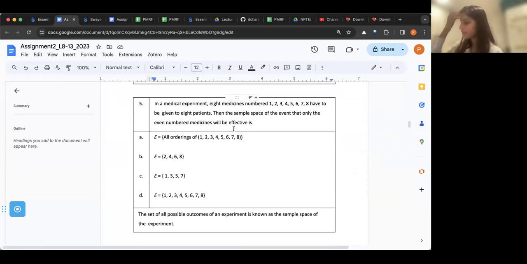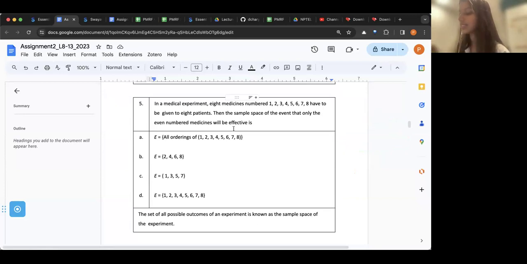Again, we come back to this medical experiment question. 8 medicines numbered 1, 2, 3, 4, 5, 6, 7, 8 are given to 8 patients. The sample space of the event is only that the even numbered medicines are effective. Here they're not saying anything about giving the even numbered medicine to the people.